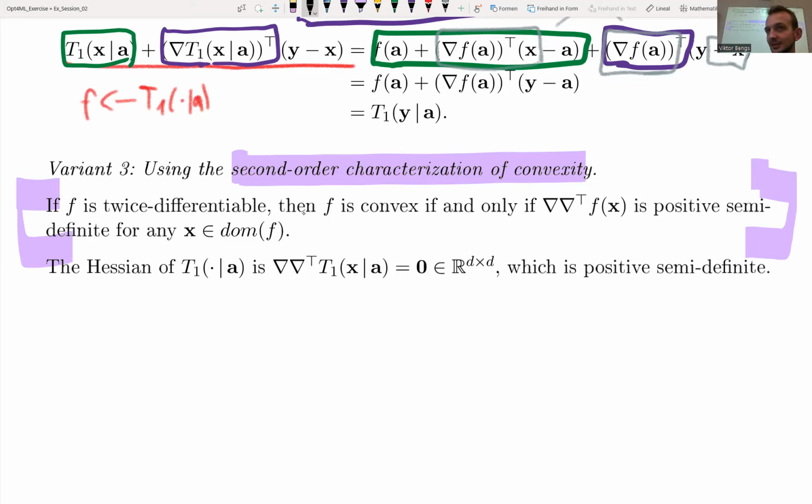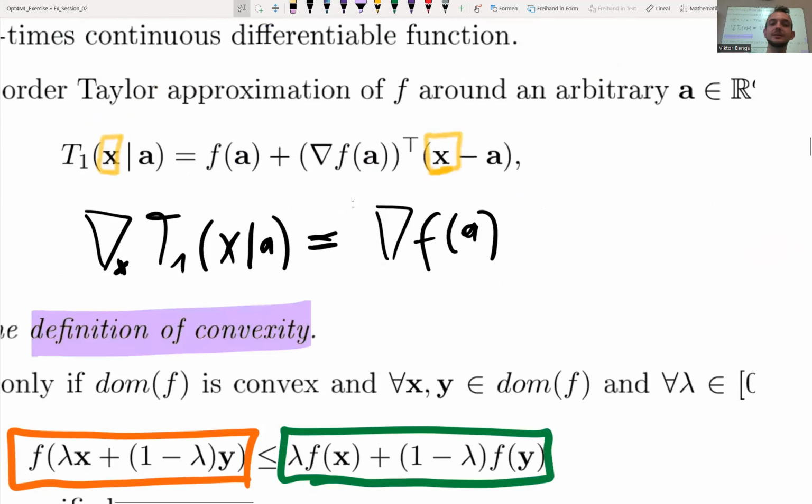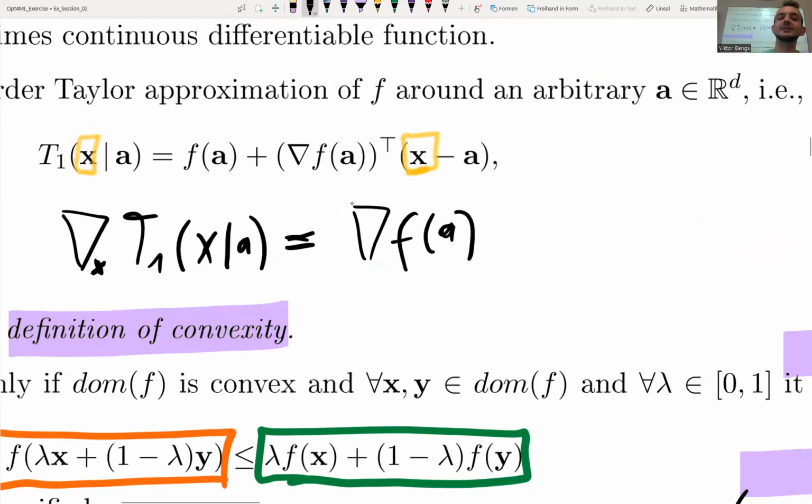The Hessian matrix of the Taylor approximation is the zero matrix. How can we see this? Let's go back here. So the gradient of the first order Taylor approximation is the gradient of f at point A, but there's no x anymore involved, right? So the right-hand side is not depending on x, but what we are interested in right now is the Hessian matrix of the first order Taylor approximation with respect to x.